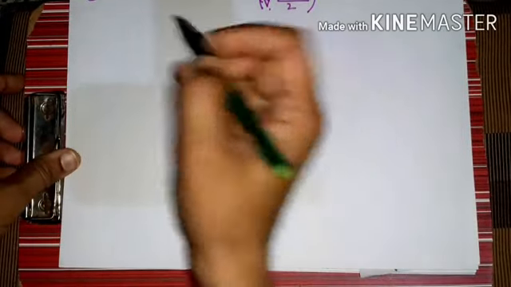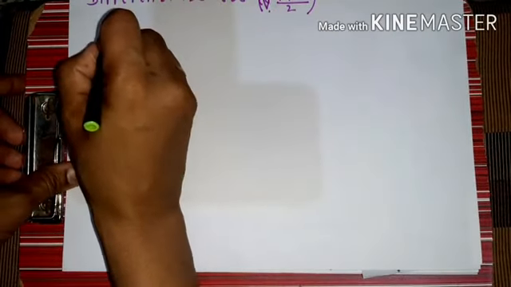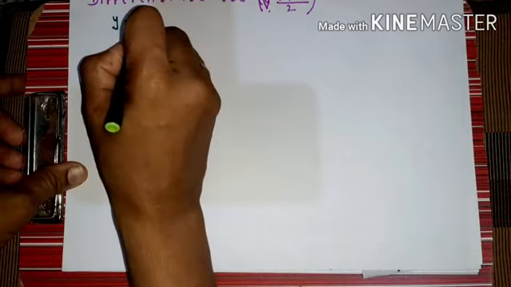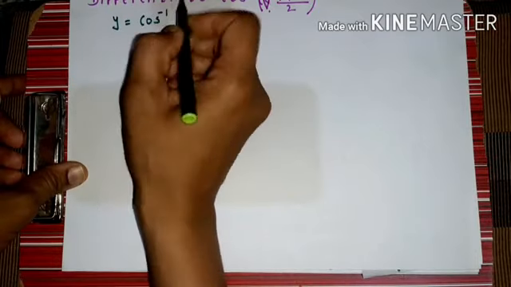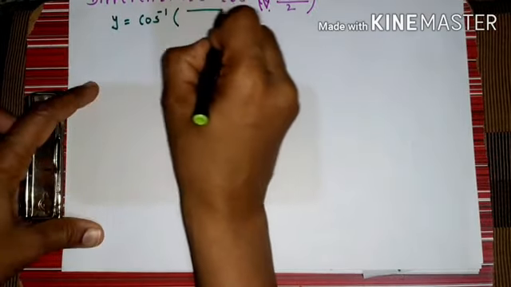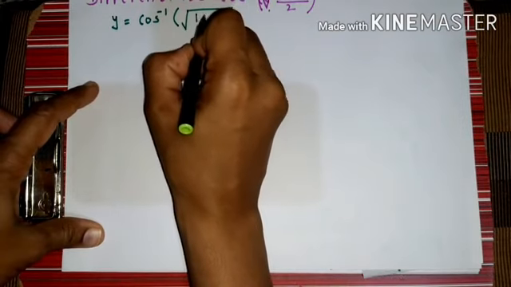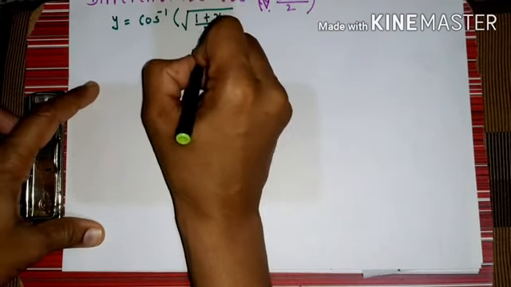Okay. Now suppose y equal to cos inverse of square root of 1 plus x upon 2.